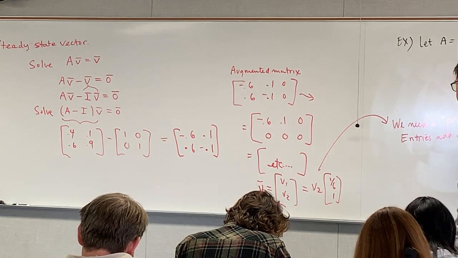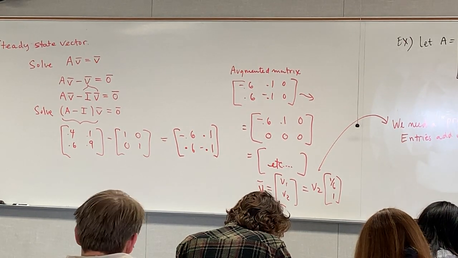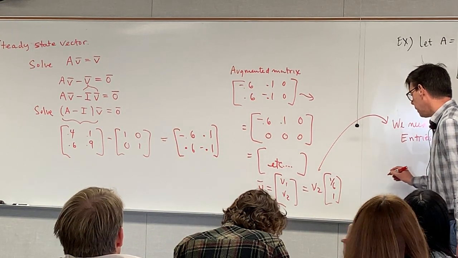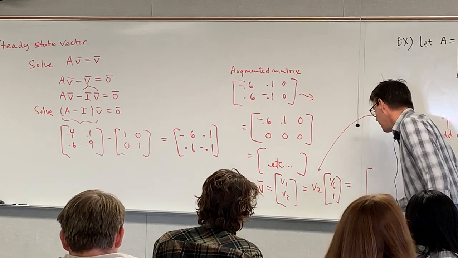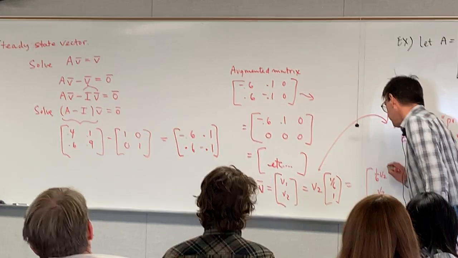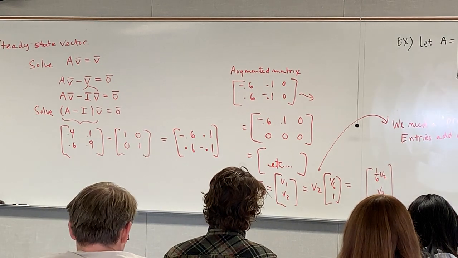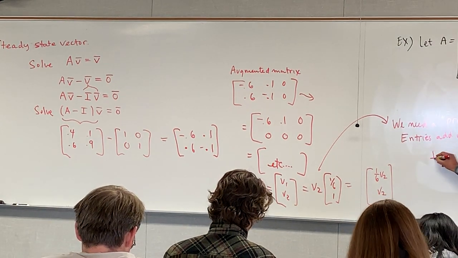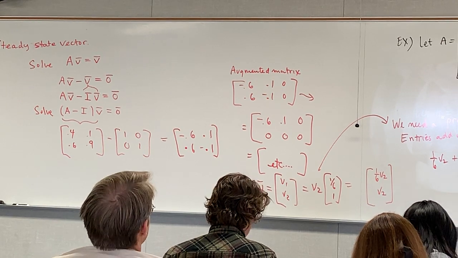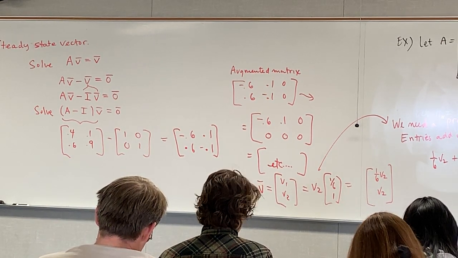So while there are infinitely many solutions to that system, we need the particular V where, thinking of the general solution as 1/6 V2 and V2, we need 1/6 V2 plus V2 to equal 1, and you have to solve for V2.